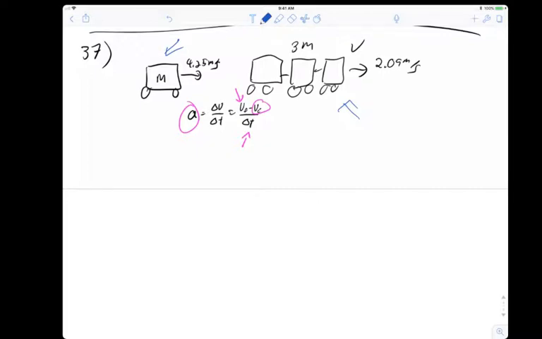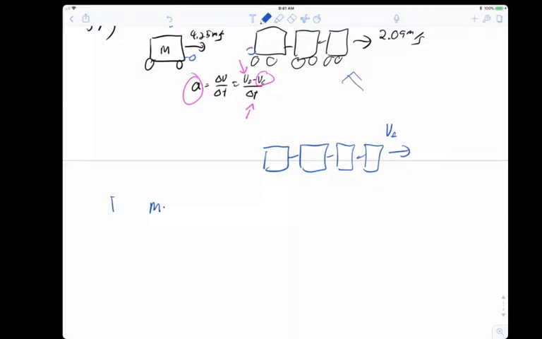So this guy has little pinchers on it, and this guy has a little thing to get pinched. And when they collide, the pinchers will grab the thingy, and then they'll be stuck together as a super train, moving with some other velocity. Okay? And it's a conservation of momentum question.